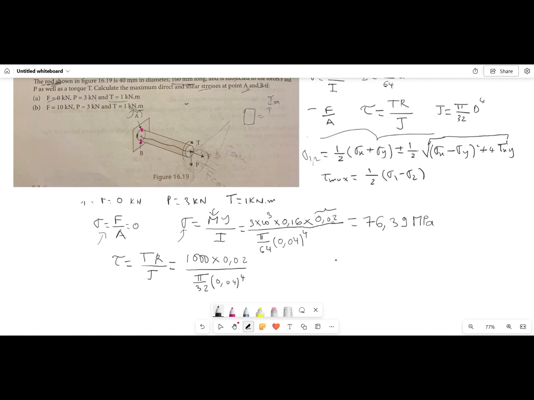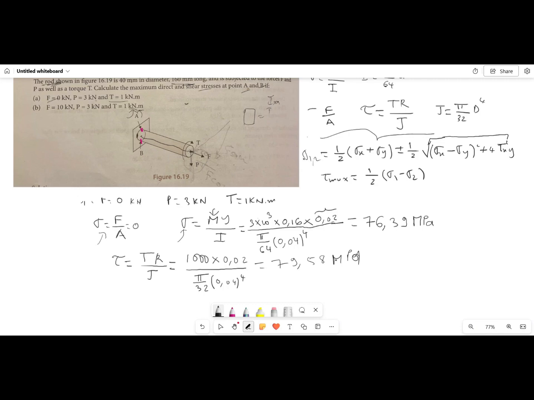Are you with me, guys? Yes. Now, if we do this calculation, the answer is 79.58 MPa.